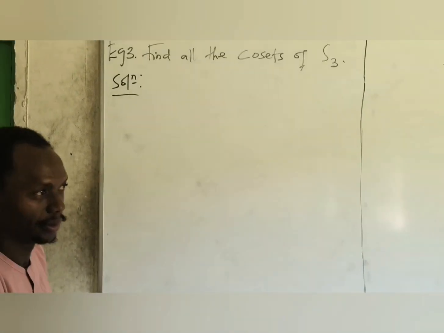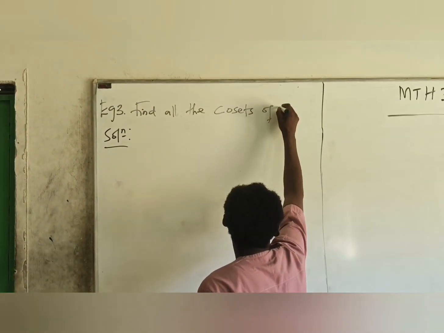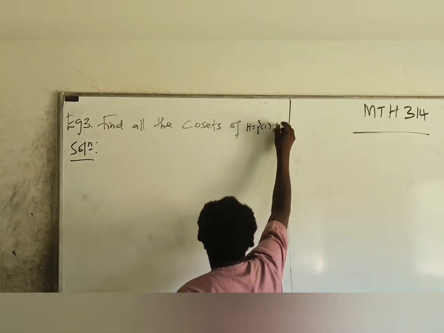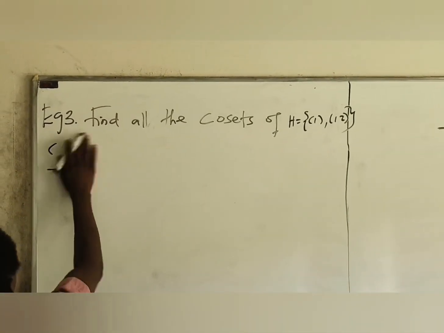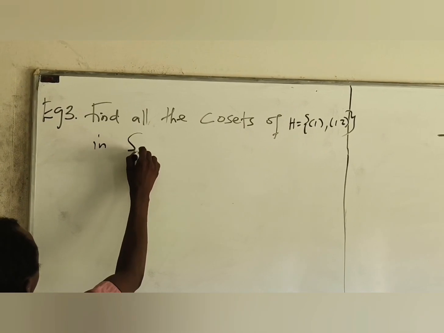Find all the cosets of H equal to 1 in S3.